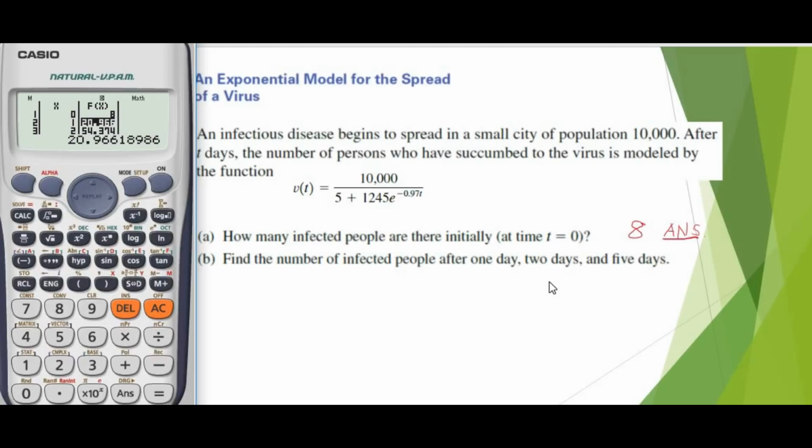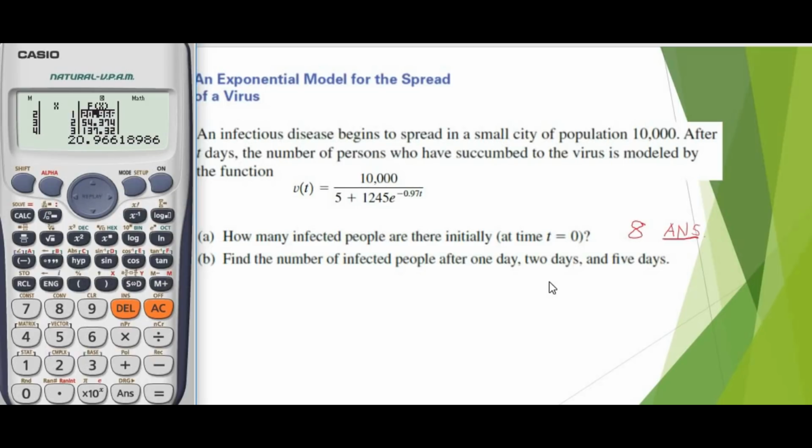So 1 day would be 20.97, 2 days would be 54.37, and the 5th day would be 678. Since we are required to determine the number of infected people, we'll round off our result to the whole number.